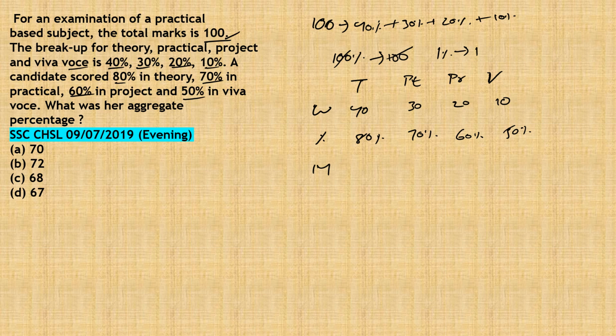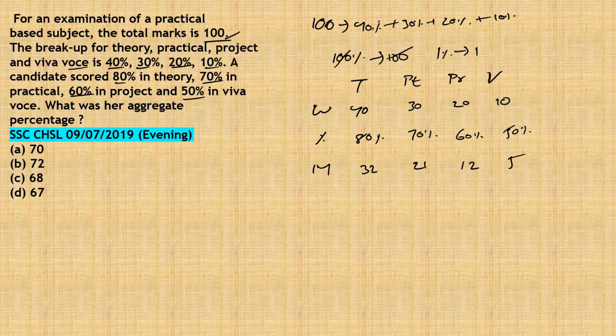The marks she acquired: 80% of 40 is 32, 8 fours are 32. You can just multiply. 70% of 30, that is 7 threes are 21. 60% of 20, 6 twos are 12. 50% of 10, that is 5.